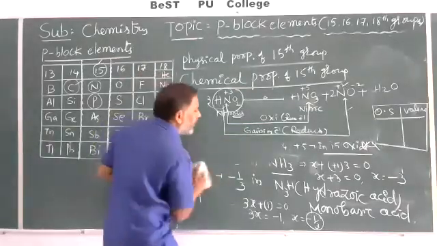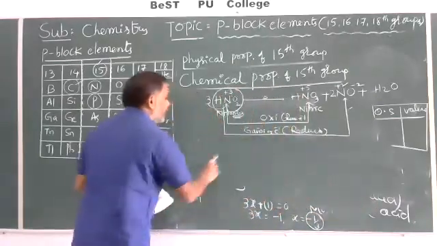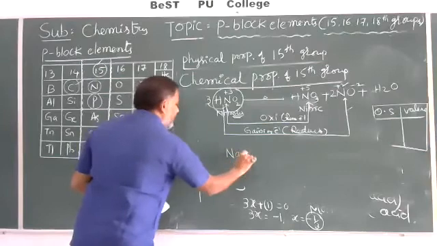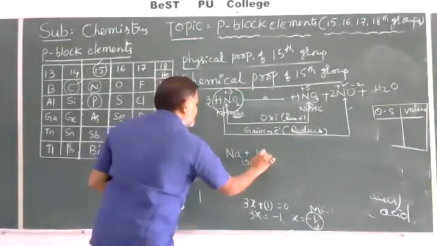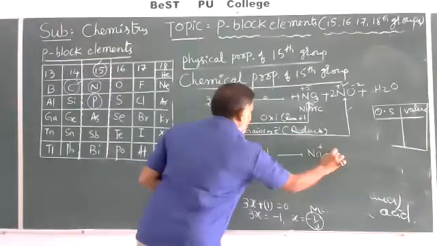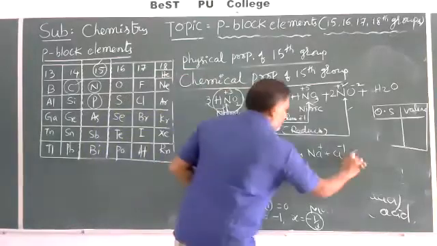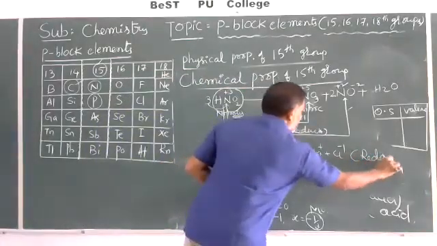So a redox reaction is, for example, Na plus Cl2 gives Na plus and Cl minus. It is a redox reaction.